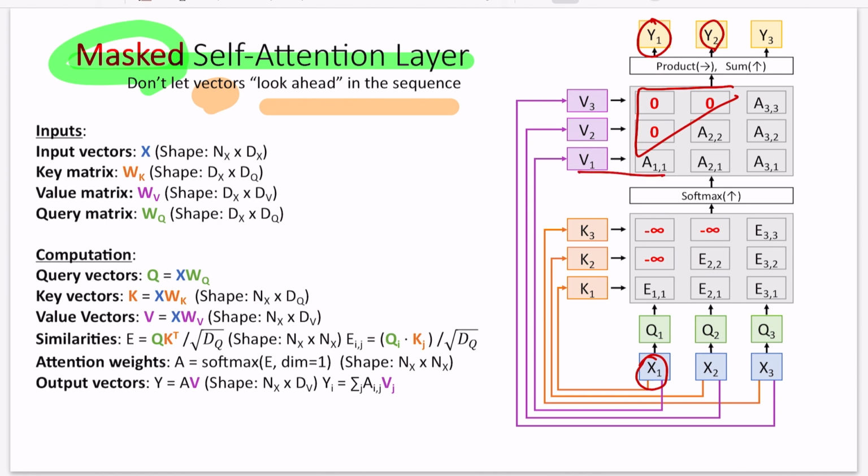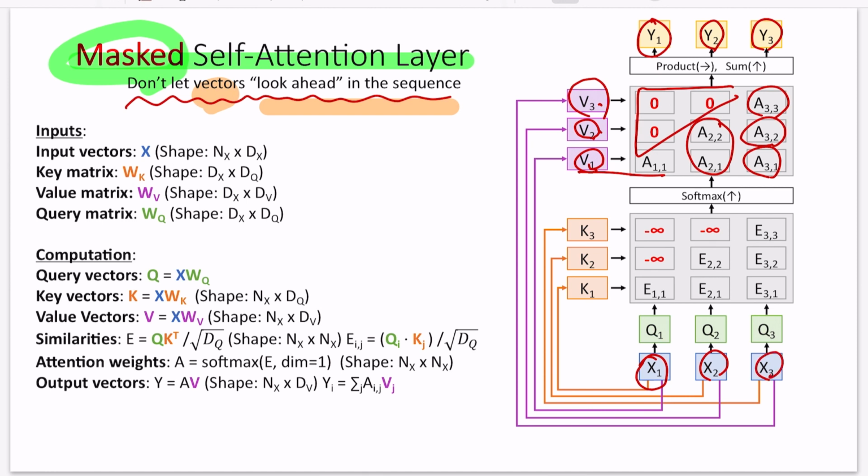And y2 is only generated from v1 and v2 because we only have a21 and a22. y3 can be decoded from a31, a32, a33 with v1, v2 and v3, right?